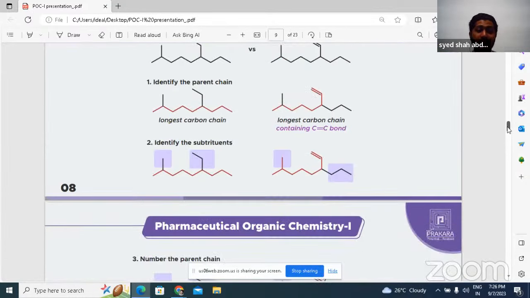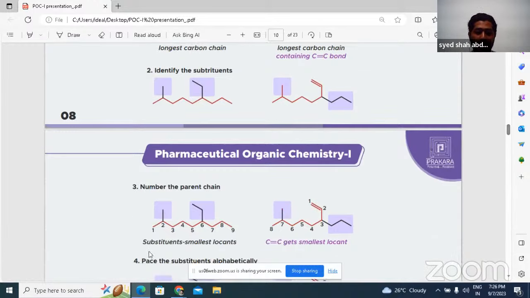We need to identify the substituents, what are there. Then numbering, which we need to select properly. You can go from the left side, 1, 2, 3, 4, 5, 6, 7, 8, 9, and we get the substituents at second and sixth.